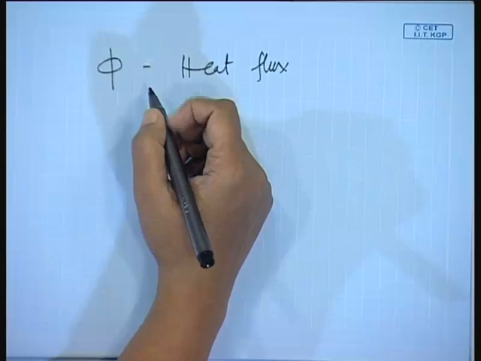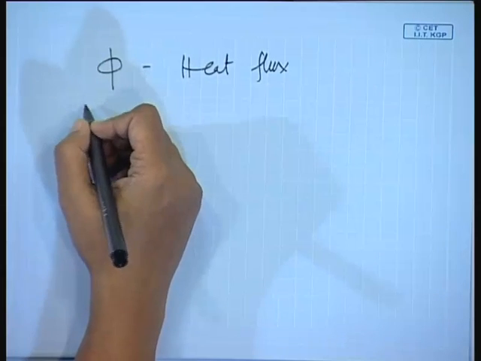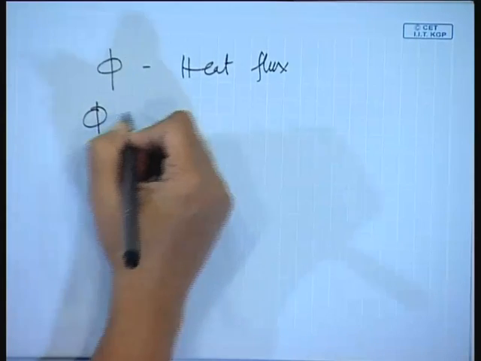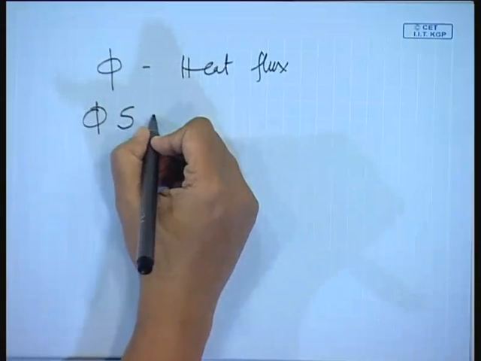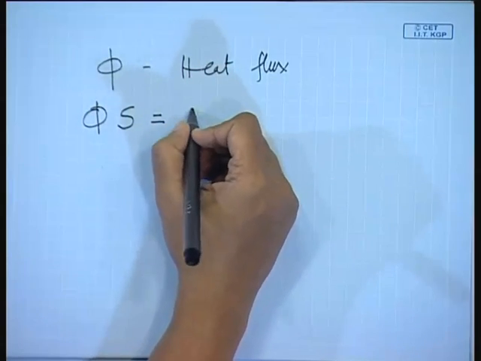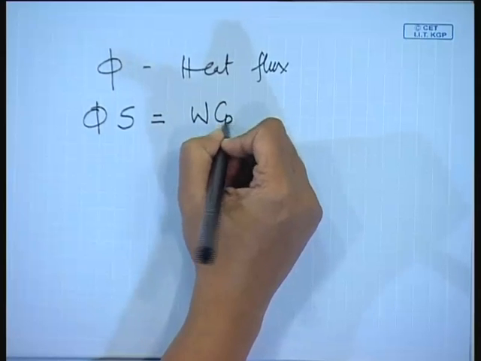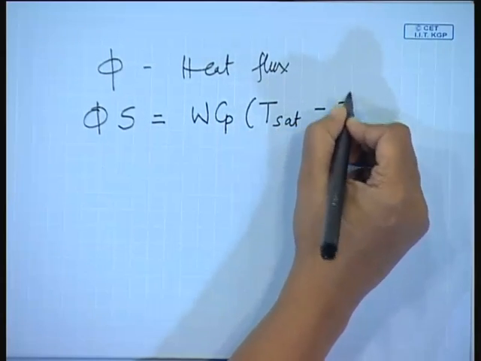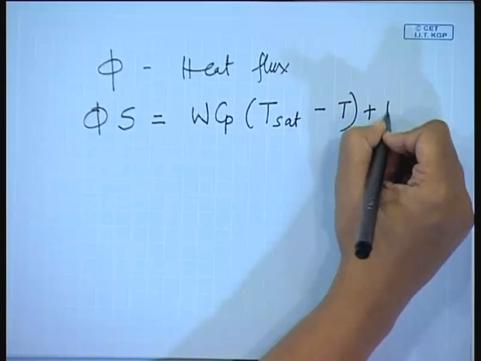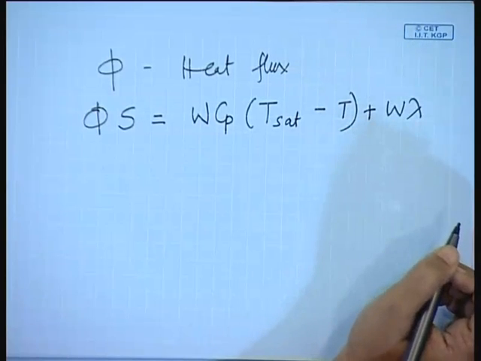for heated tubes, in that particular case, we can always write down that phi into the circumferential area through which heat is applied. This much amount of heat goes into heating the liquid from its actual temperature to the saturated temperature, and then vaporizing that amount of liquid.